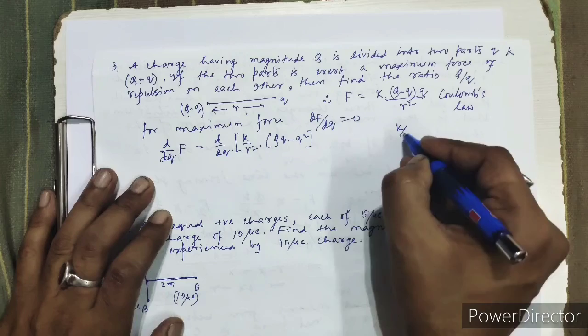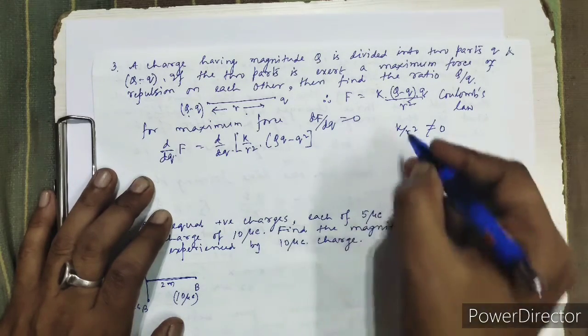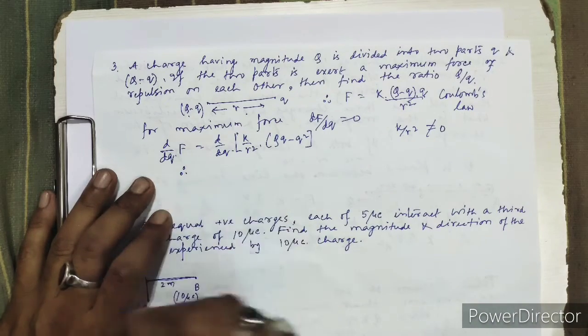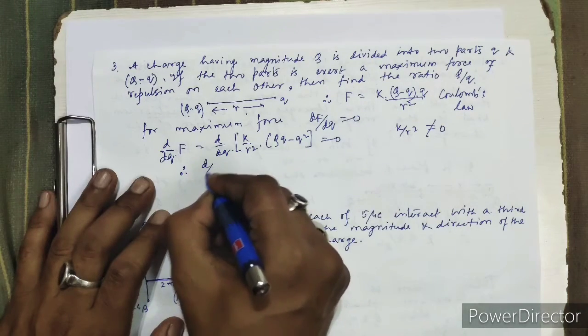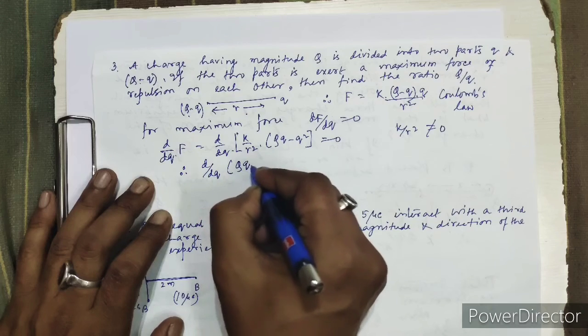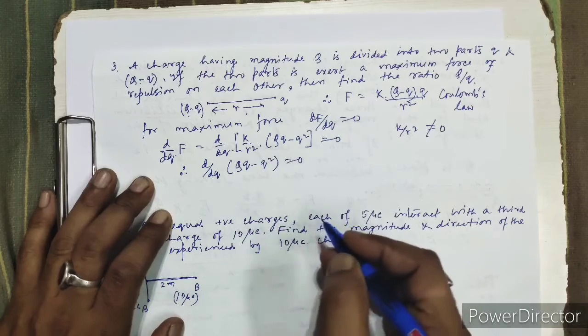But K by R square cannot be 0 because K is a constant, R is the distance. Therefore, d by dq of (Qq minus q square) equals 0.